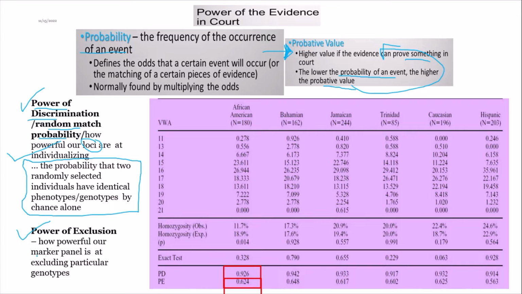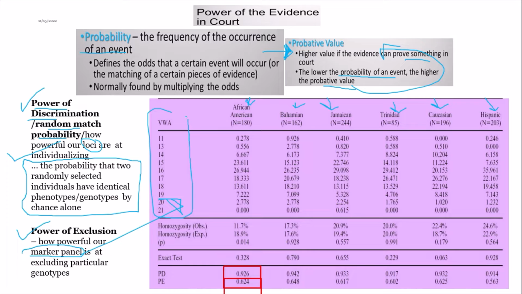This is how powerful our marker panel is, because we usually will use a panel using various markers like we can see here, in excluding particular genotypes. For example, in this case, we have these genotypes of African American, Bahamian, Jamaican, Trinidad, Caucasian, and Hispanic populations using this marker profile.